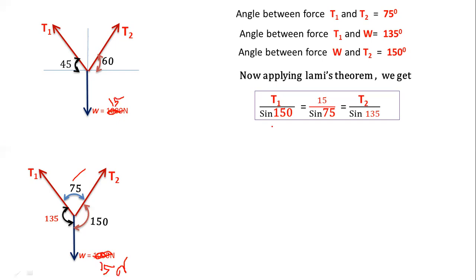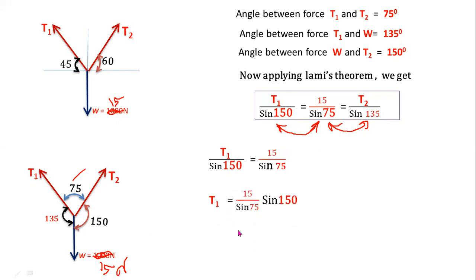Now you have to consider these two forces for determining the value of T1. After that, you have to consider these two forces for determining the value of T2. Now I am considering the first two. Apply cross multiplication: T1 equals 15 by sine 75 into sine 150.